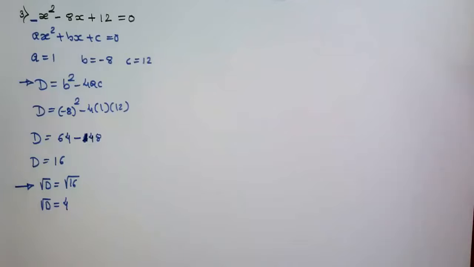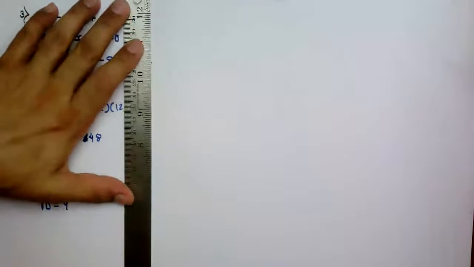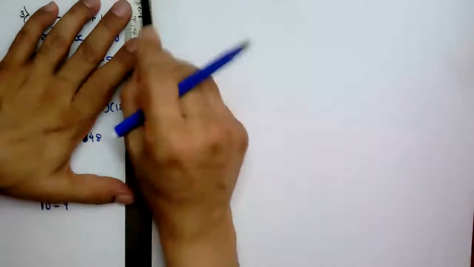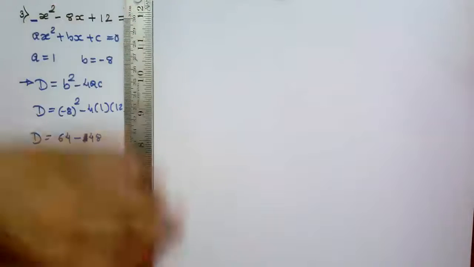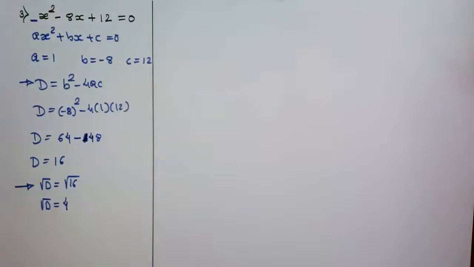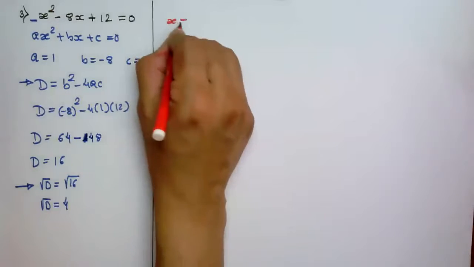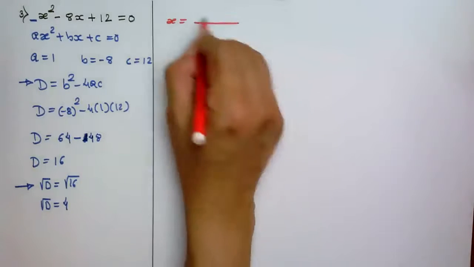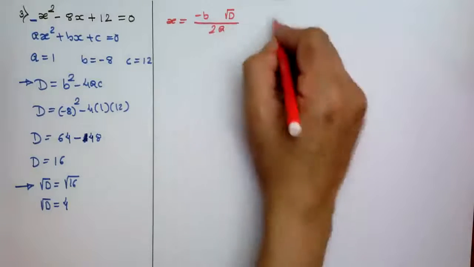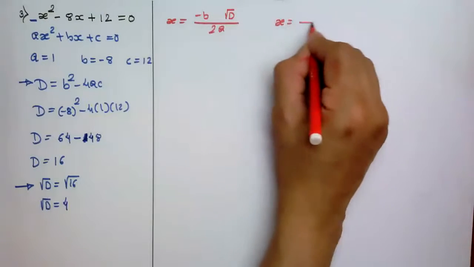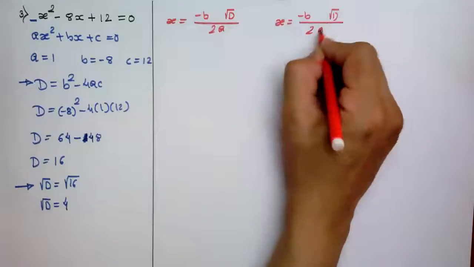Okay. Now I should plug in all these values in the formula, and you have to remember the formula for the exam. It will not be given in the formula sheet. Okay. So the formulas are x is equal to minus b plus root D upon 2a, and x is equal to minus b minus root D upon twice a.